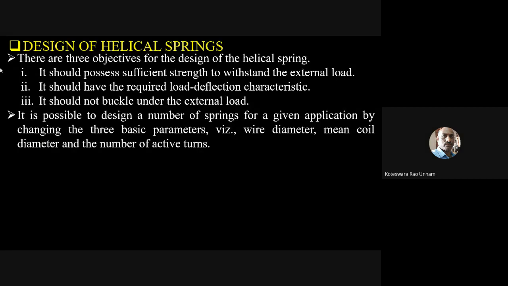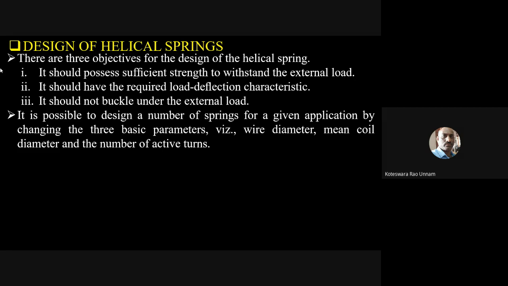We use small d for wire diameter, capital D for mean coil diameter, and n for number of active turns. We also know that there is a relation between wire diameter and mean coil diameter.